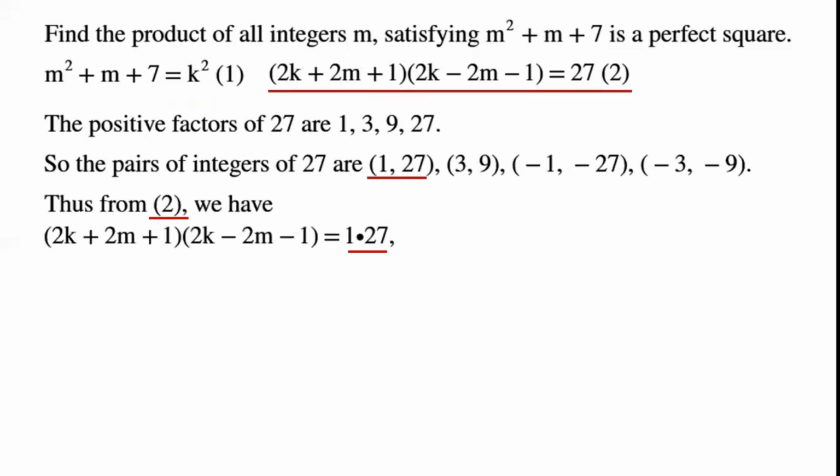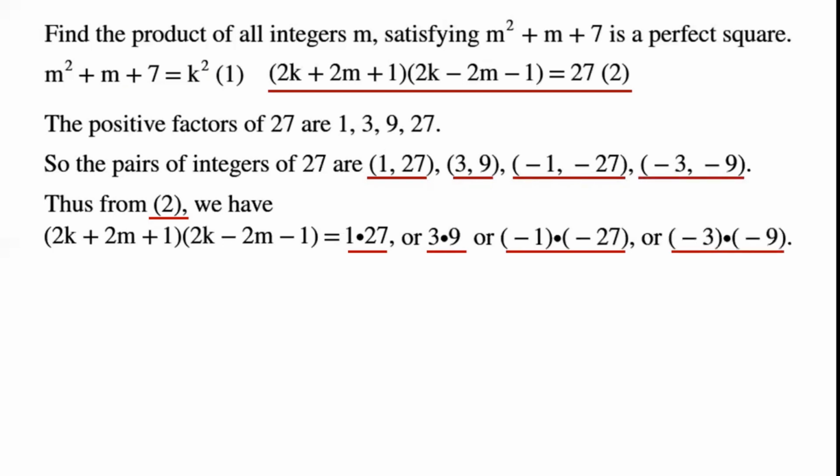Thus, from equation 2, we have (2k plus 2m plus 1) times (2k minus 2m minus 1) equals 1 times 27, or 3 times 9, or minus 1 times minus 27, or minus 3 times minus 9.